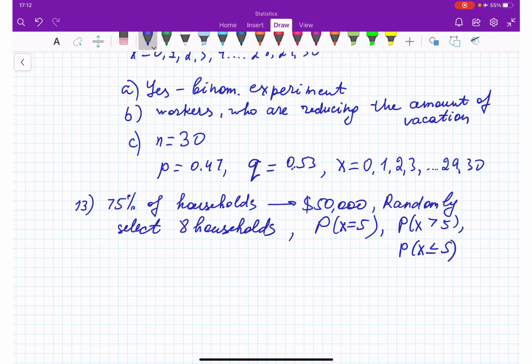All right, let's see. The formula we are going to use is going to be probability of x is equal n factorial over n minus x factorial times x factorial, times p to power x, times q to power n minus x.